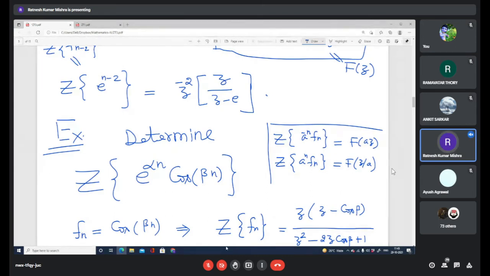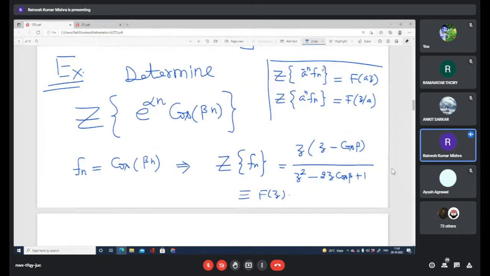So see, Z transform of f(n), we have found this one, यानी कि this is f(z). Now compare these two results, तो हमें ये रिजल्ट का यूज करना है, second one, Z transform of a power n f(n). So a power n is what, this is e raised to power alpha n.